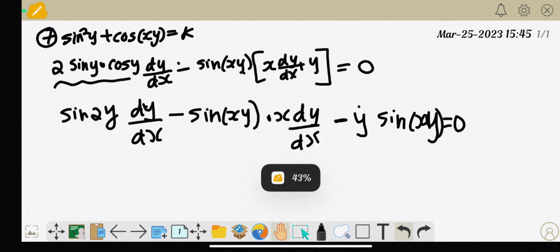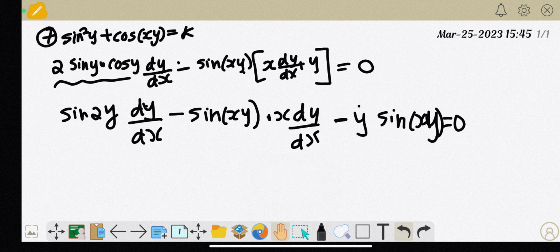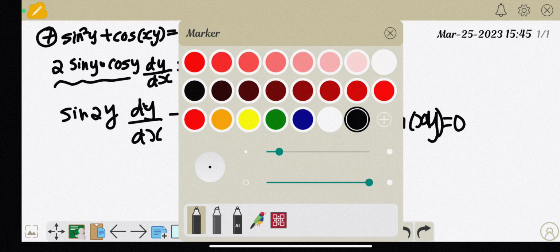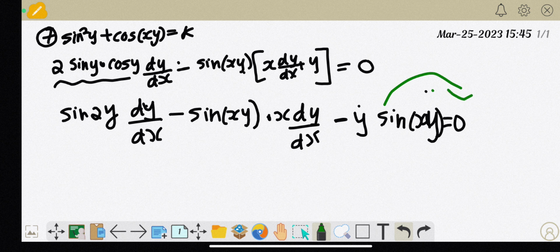Now what else can I do? Here in both terms there is dy by dx common, right? So let it be on the left hand side. This term I will send to the right hand side. In that case, what happens? This becomes positive, correct? So I will just remove this 0.